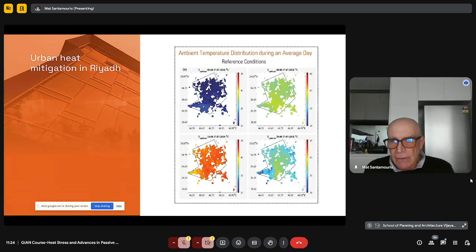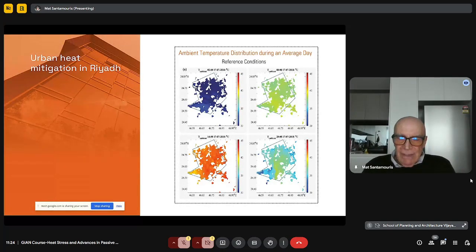At about 8 o'clock in the morning, the temperature goes up to 37, 38 degrees. At 2 o'clock in the afternoon, the temperature increases close to 43, 45 degrees. And at 8 o'clock at night, the temperature is between 35 and 40 degrees. So it's an overheated city, but this was very well known.